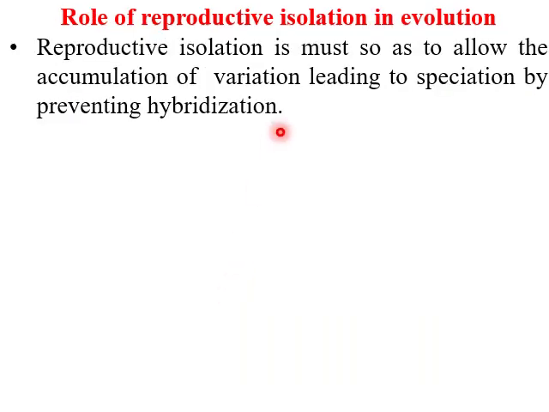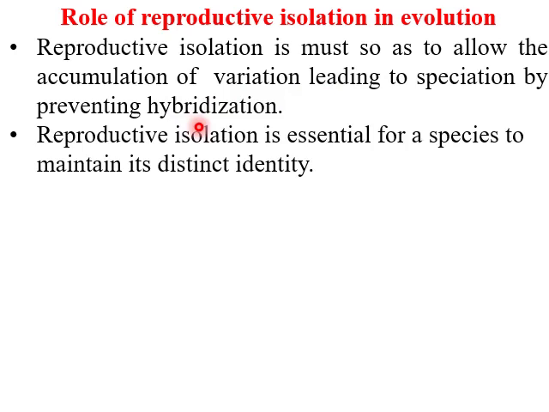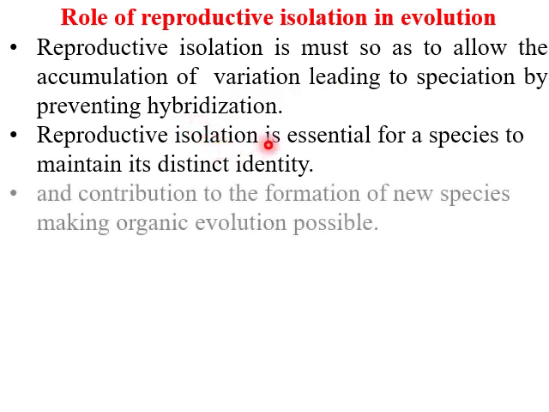Now we are going to discuss the role of reproductive isolation in evolution. Reproductive isolation is a must to allow the accumulation of variations leading to speciation by preventing hybridization. Reproductive isolation is very essential for a species to maintain its distinct identity. If reproductive isolation does not exist, then variations may not arise.